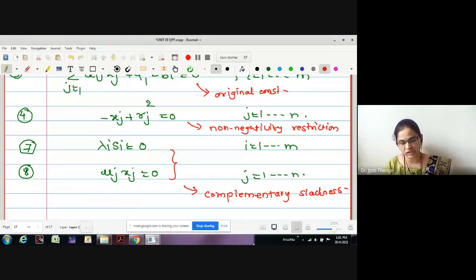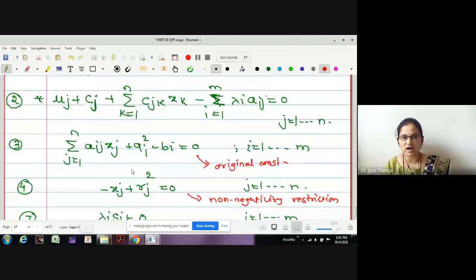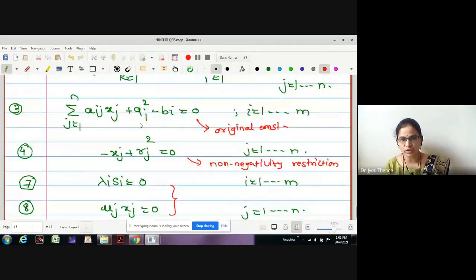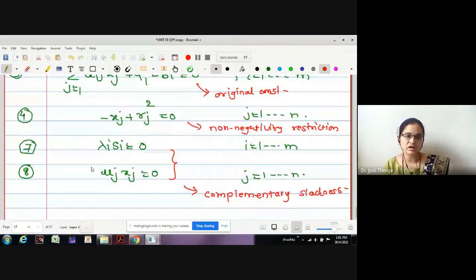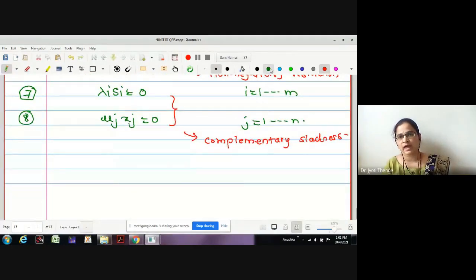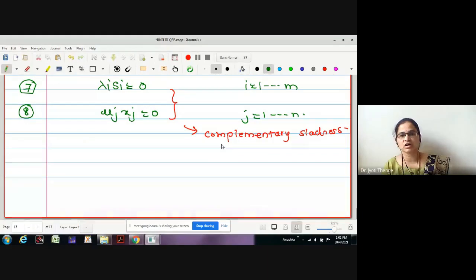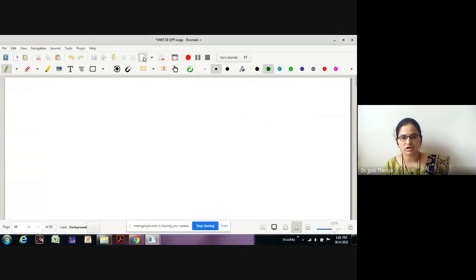So one important thing to be noted here is that except the final conditions 7 and 8, all the remaining equations are linear in x, lambda and mu. Therefore, we take the three resultant equations supplementary with the conditions 7 and 8. And these are the Kuhn Tucker conditions.